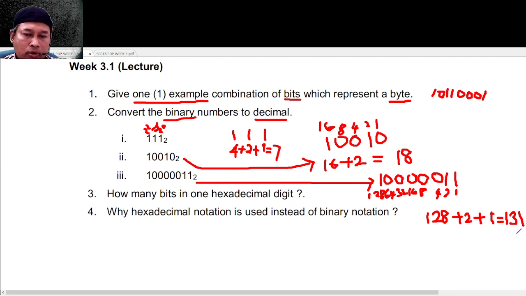Do not show the base of the decimal number. This is base 10. Okay, don't show the base if you answer with a decimal number. Must remember.